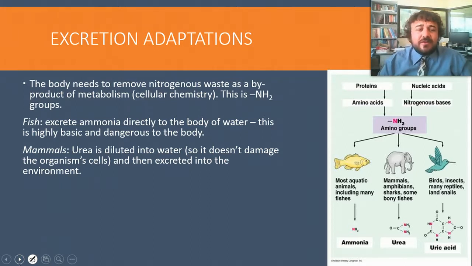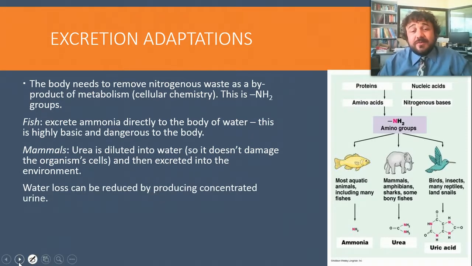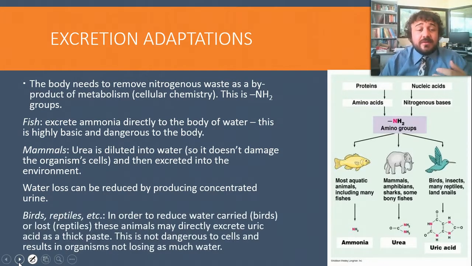So if you're diluting it with water, though, that means you're going to lose a lot of water. So we can reduce it with this one by producing a really concentrated urine. Kangaroos do this. You'll notice that your body does it if you don't drink enough water or enough liquid in general.